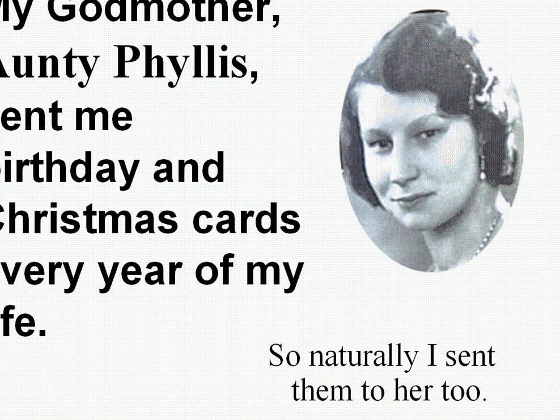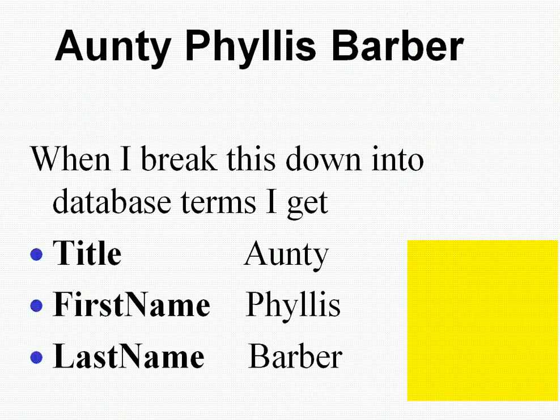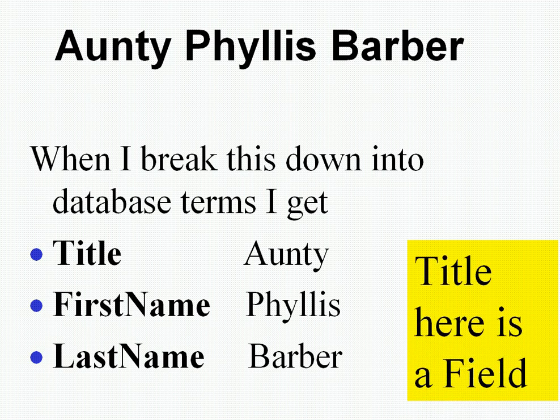My godmother, Auntie Phyllis, sent me birthday and Christmas cards every year of my life, so naturally I sent them to her too. Auntie Phyllis Barber. When I break this down into database terms, I get title, Auntie, first name Phyllis, last name Barber. Title here is a field, but then first name is a field and last name is a field.